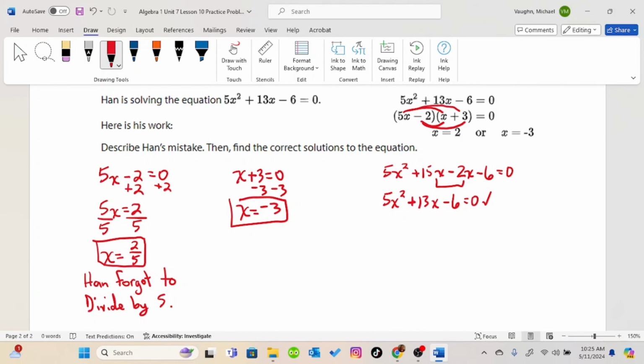Or he might have divided by 5 wrongly by dividing first, but then not dividing the negative 2 by 5. So in the end, he still forgot to divide by 5, and the answer should have been 2 divided by 5, not just 2.